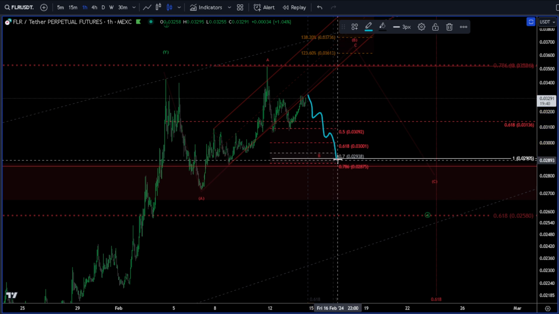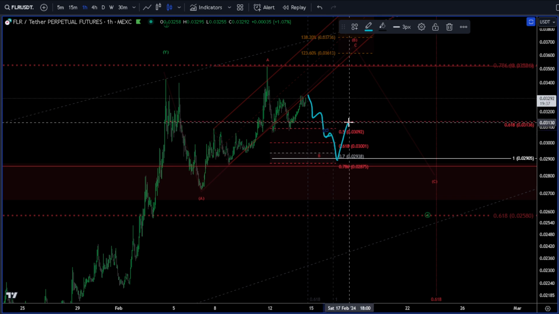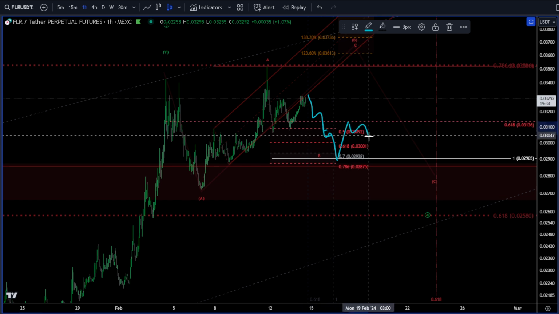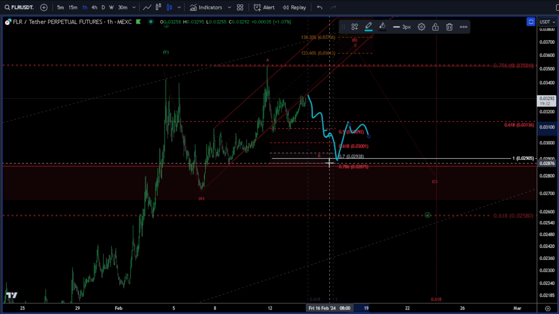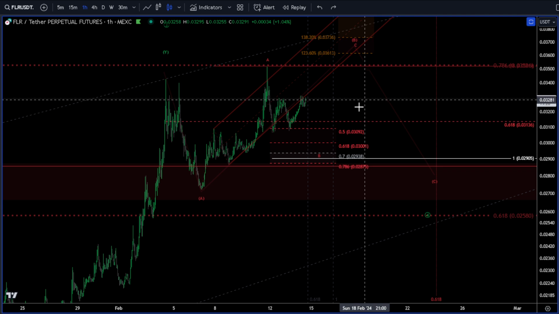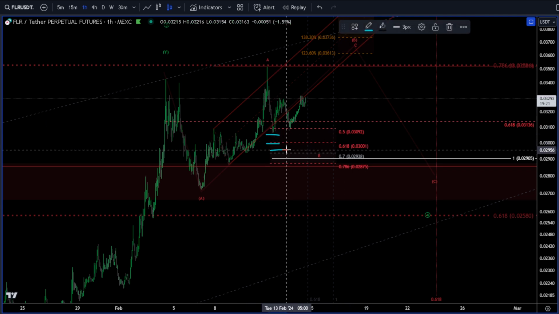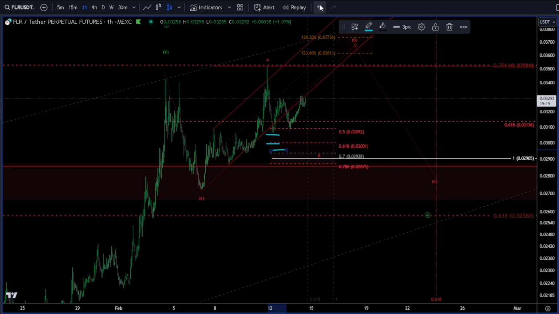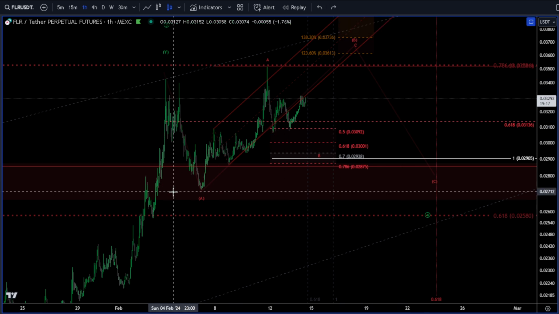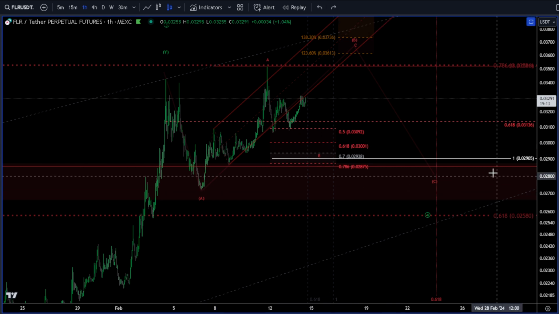Or if you're more risk averse, you can wait till we break the previous 4th, flip it as support, wait for a little pullback, and then you can enter there, stop at this low. It just depends on your trading style. Or you can just start dividing up and DCA in just below this A wave. There's a lot of different ways you can play this, but the important thing in all these scenarios is the stop goes at this A wave if you're just buying in.